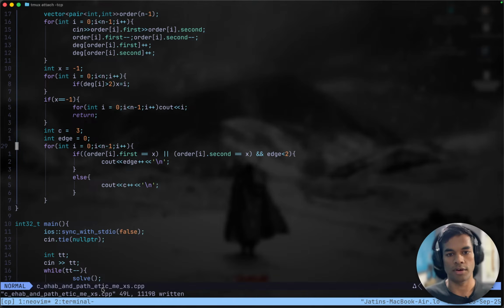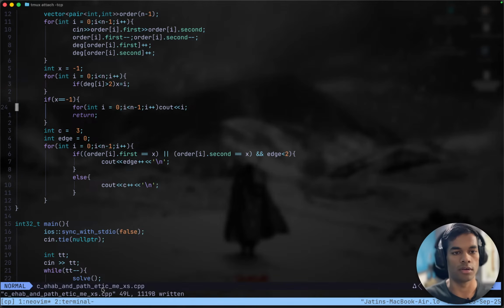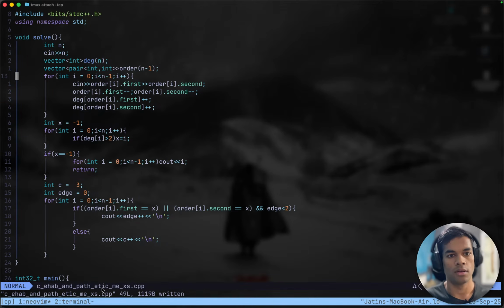If the first one in this order or the second one, either of them equals 0, and edge is less than 2, then we output the edge. So what is out of bounds here? Degree has a size of n, order has a size of n minus 1, and we are not indexing anything that has a higher size.